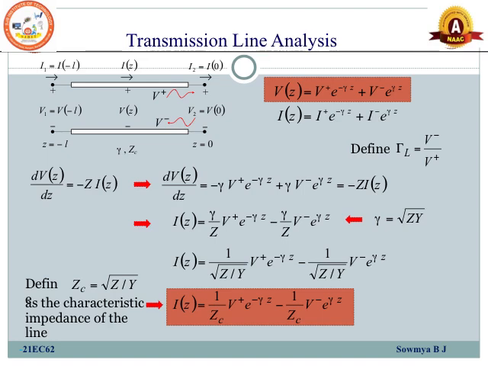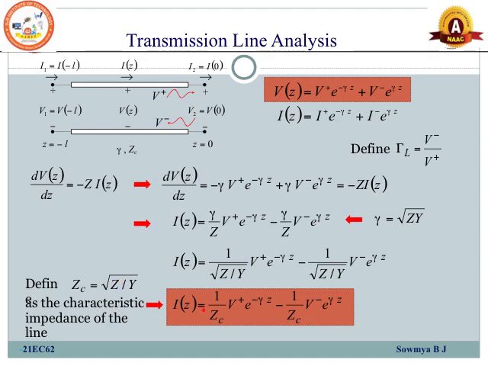And finally we get the expression of gamma, as we know gamma is equivalent to square root of ZY. Here we can replace it by gamma by Z, and if I segregate the value, this can be written as square root of Z by Y, because this characteristic impedance Zc is nothing but square root of Z by Y.